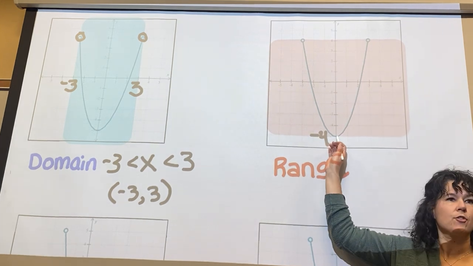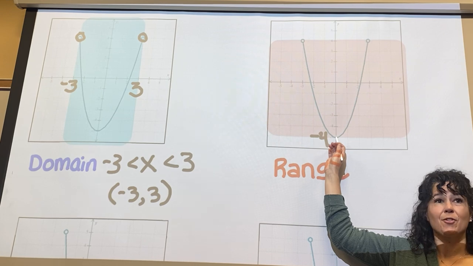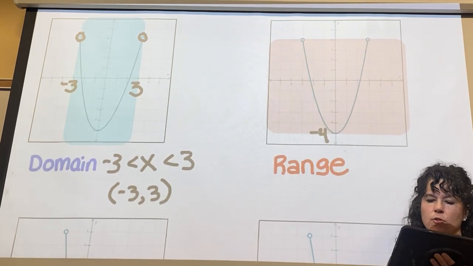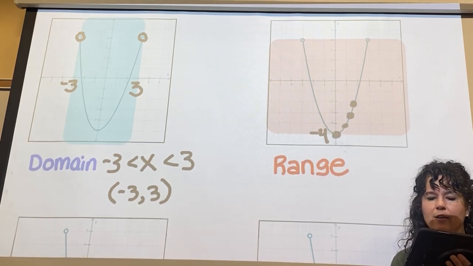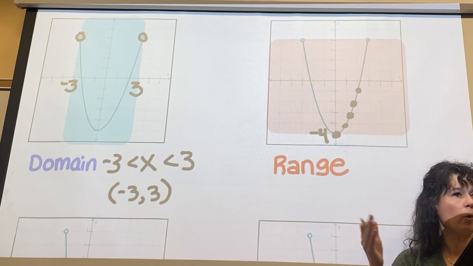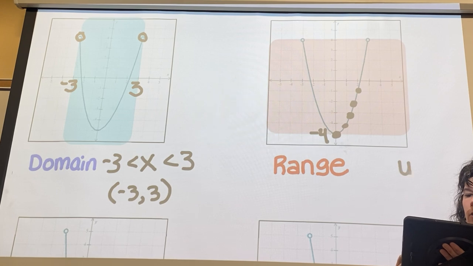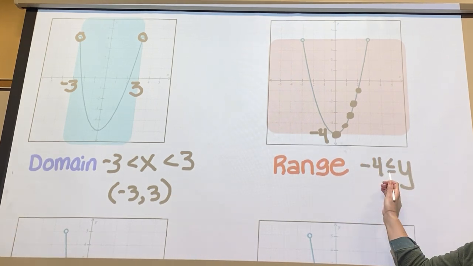Now, is that a solid dot or an open dot? Solid, because every point that gets plotted is a solid dot. So just highlighting the fact that's a solid dot. Right, every point we plot on here is a solid dot. So our y's right now, the lowest is -4, but it's going to be or equal to.